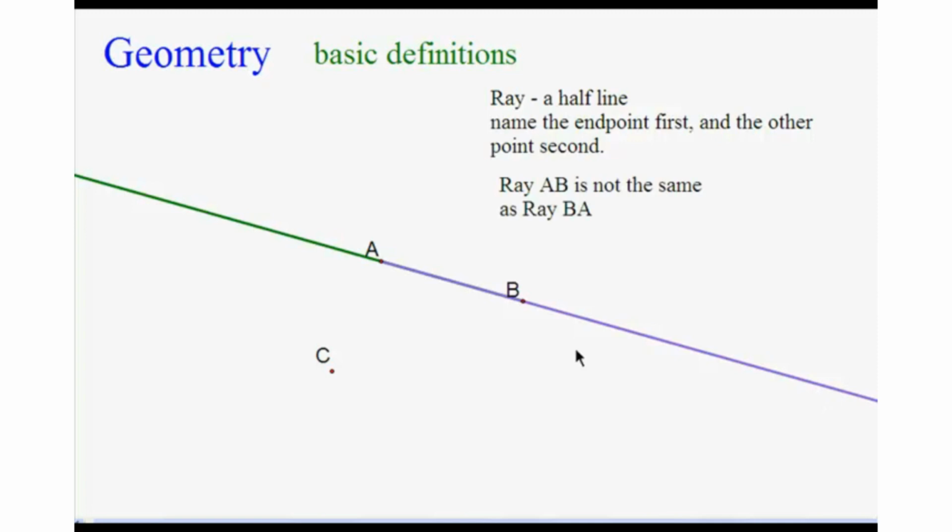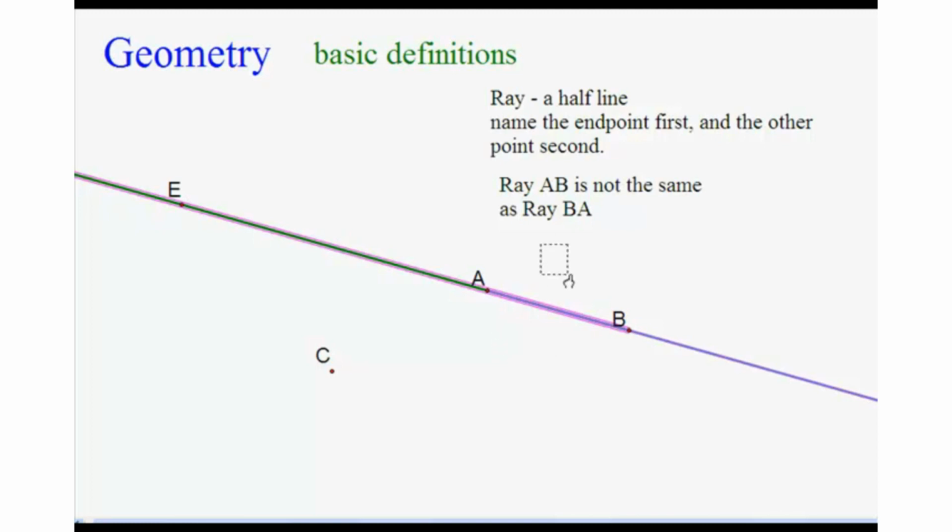There's another concept that's also called opposite rays, which means that if we had ray AB, and if we put another point here, and we could label that E, that we could now say that we have two opposite rays, which means they have the same endpoint, but go in opposite directions.